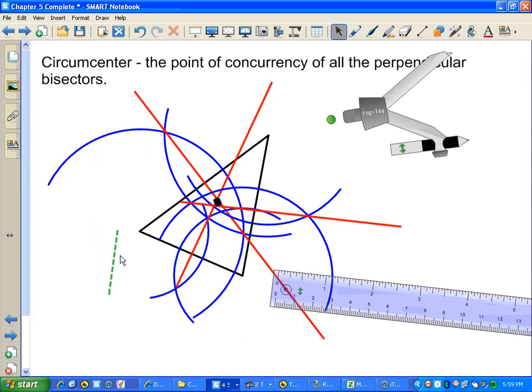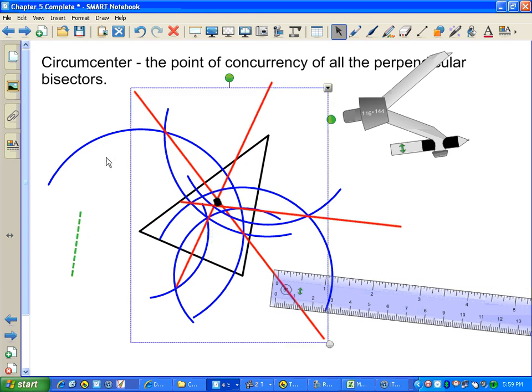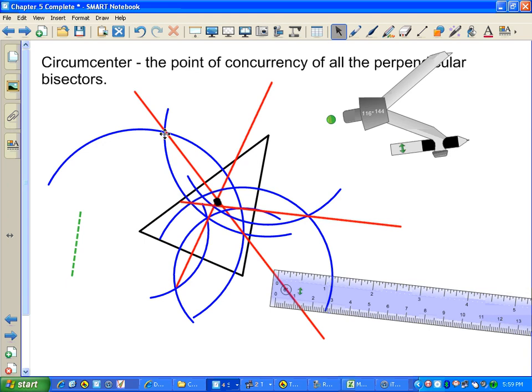All right, so if I measure the distance, it's on this first perpendicular bisector, this first one right here, which means it's equidistant from these two endpoints.